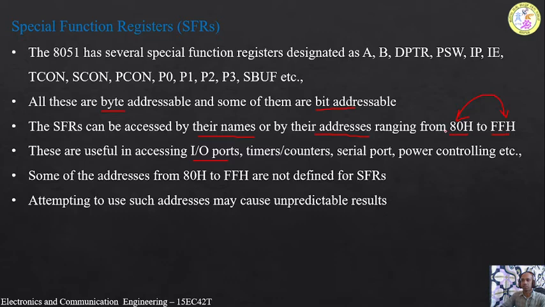For example, let us assume that 8FH is not at all defined. Now in an instruction, if you try to access this particular address, it causes unpredictable results. You are going to get some error because this address is not defined in the memory. So only these registers have addresses from 80 to FFH.